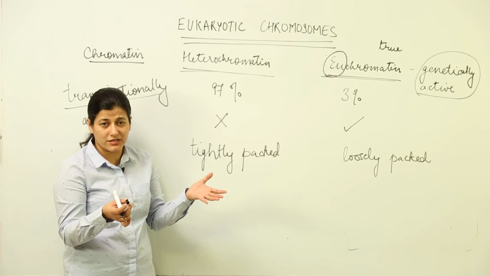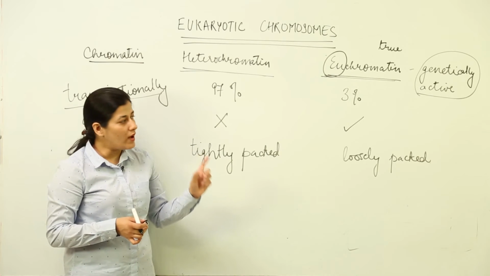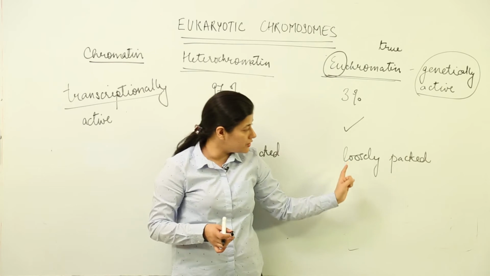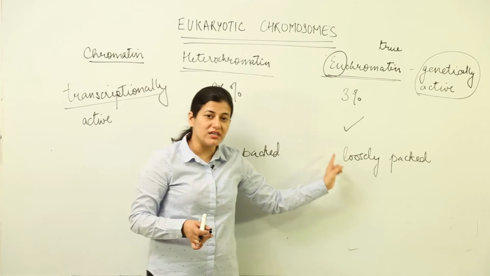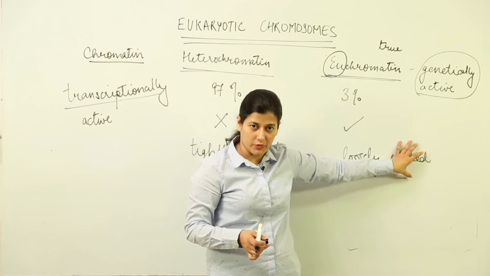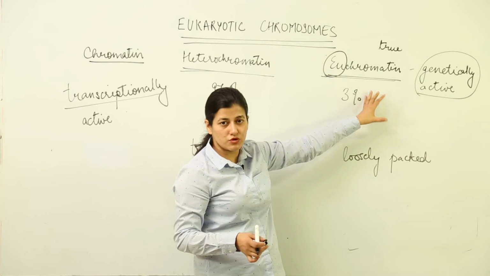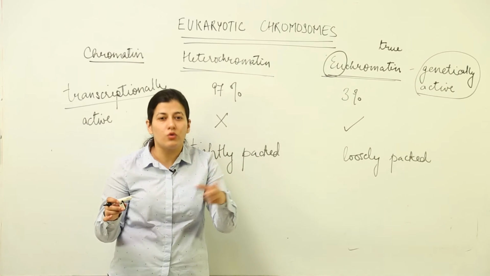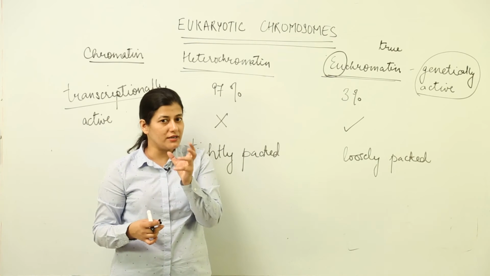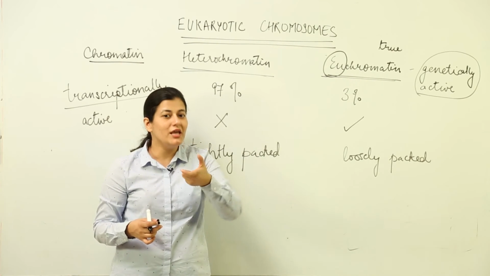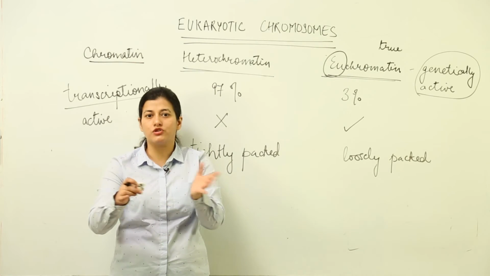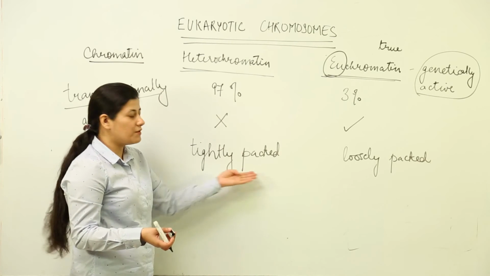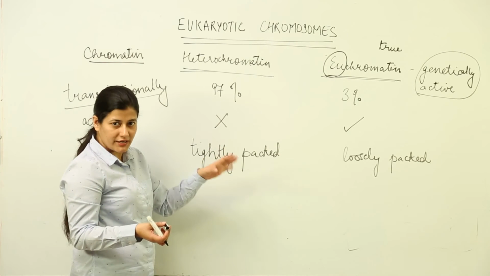In the same way, the part which has to give the information and undergo transcription is loosely packed so that it is easily accessible. The part of the chromosome that has the information in it is loosely packed. Instead of super coiling, over and over coiling, that part is loosely packed so that the information can be taken out without getting into much of the maze. But the one which has no information in it will be tightly packed. Alright, you are getting my point.